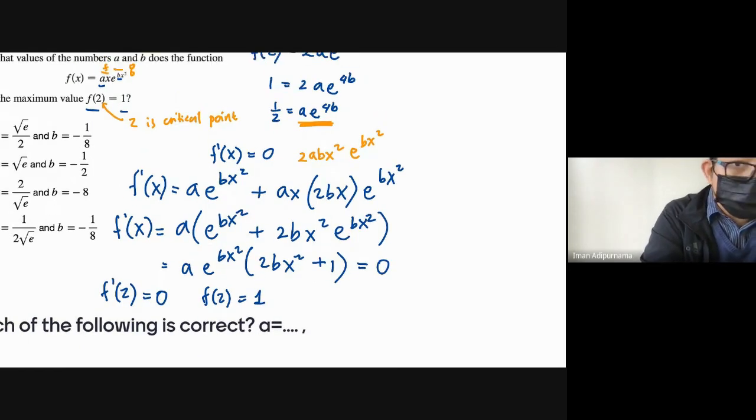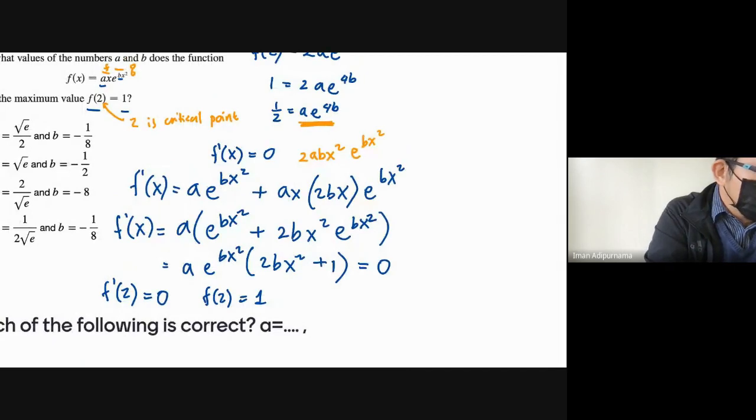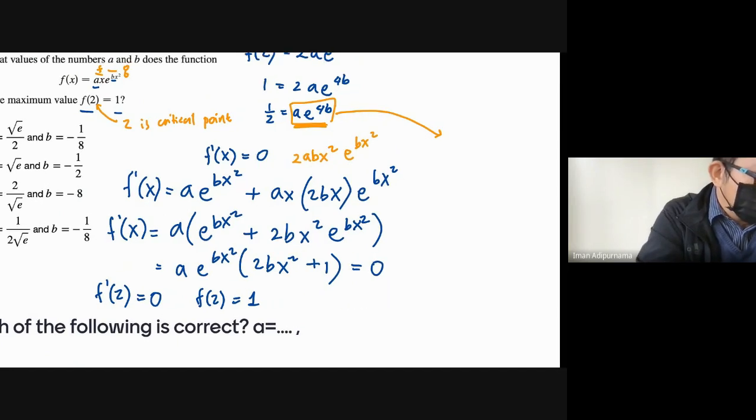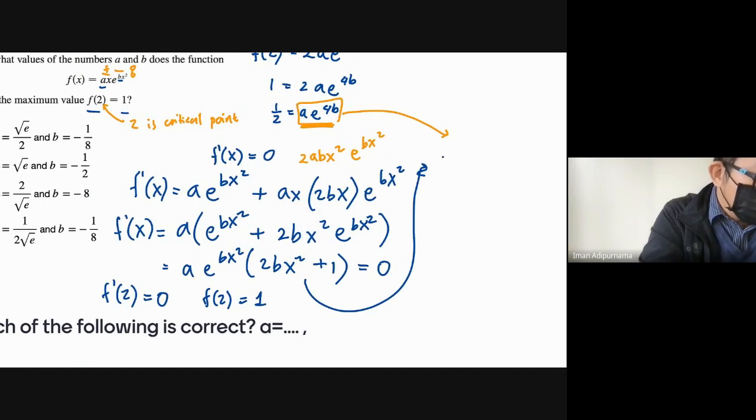So we can look at this. And if we look at this one, we know that 2bx squared plus 1 is equal to 0.